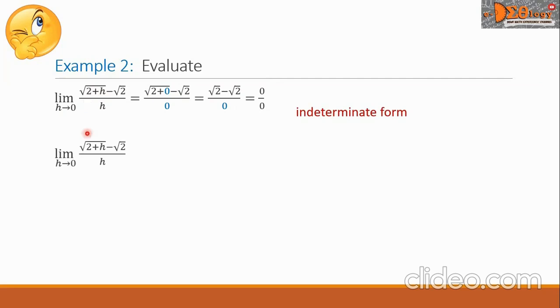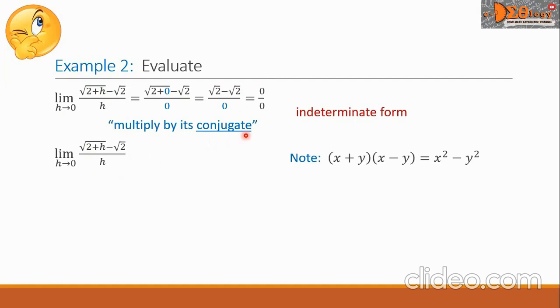Let us write our problem here again, and let us multiply this function by its conjugate. Let us note that x plus y times x minus y is equal to x squared minus y squared. We say that x plus y is the conjugate of x minus y, and vice versa.